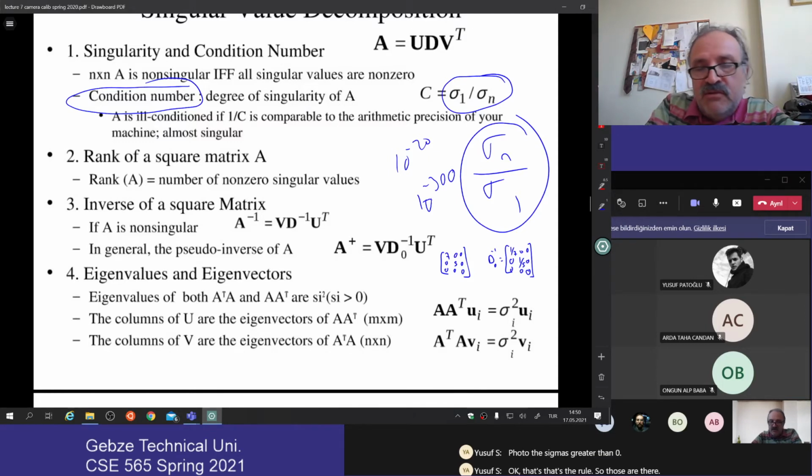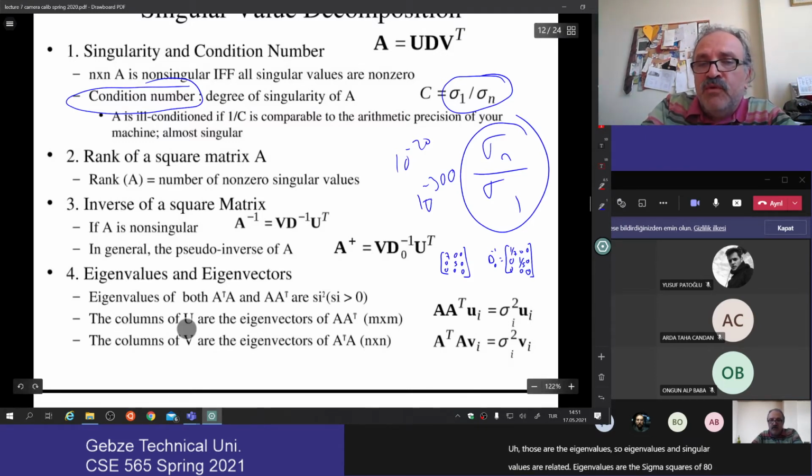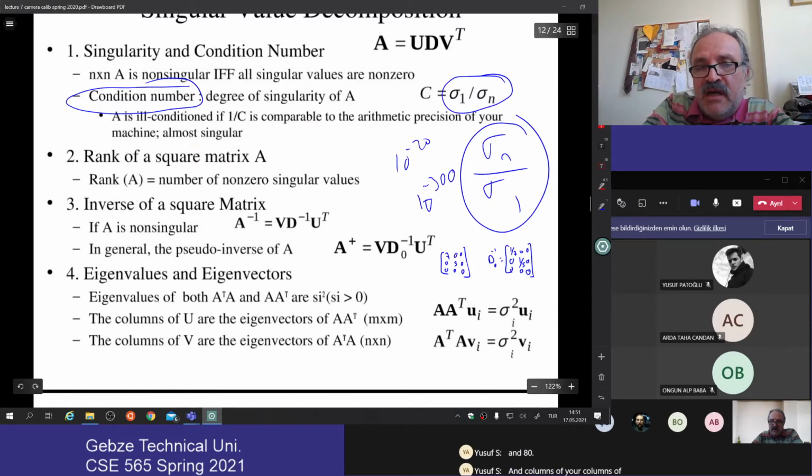So eigenvalues and the singular values are related. Eigenvalues are the sigma squares of ATA and AAT. And columns of U are the eigenvectors of AAT, and columns of V are the eigenvectors of ATA.